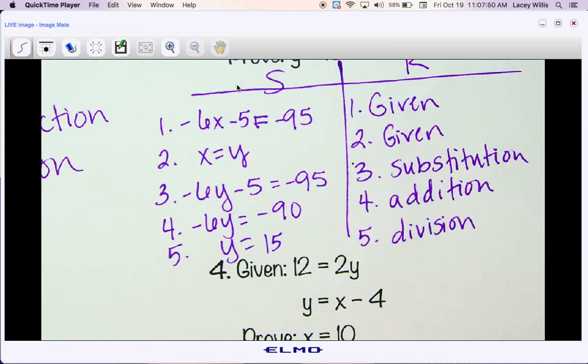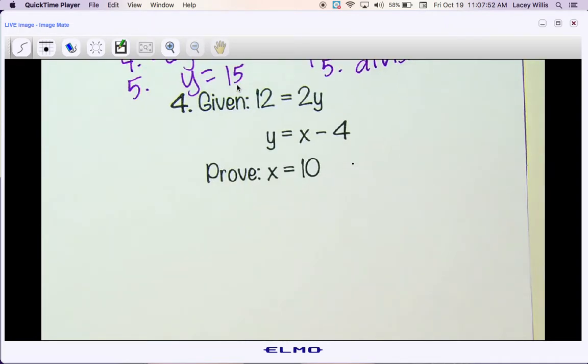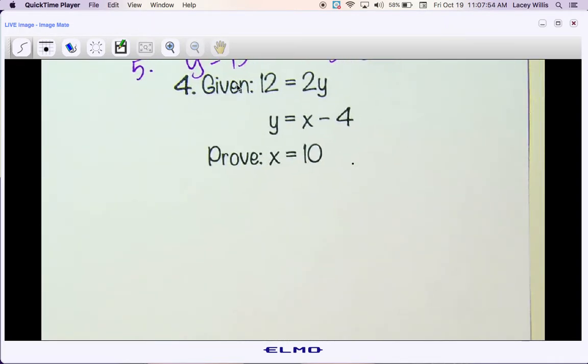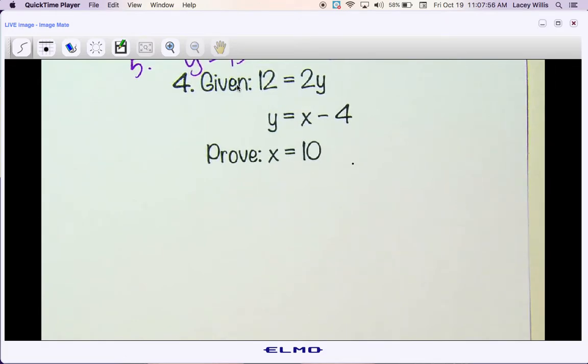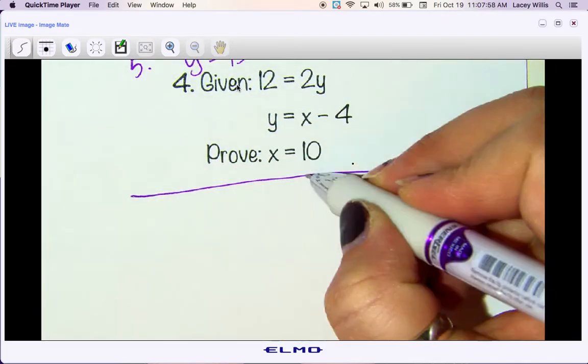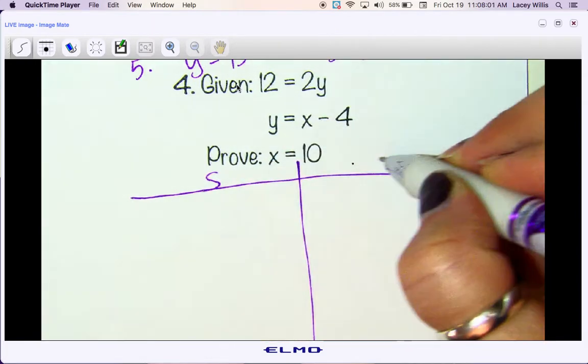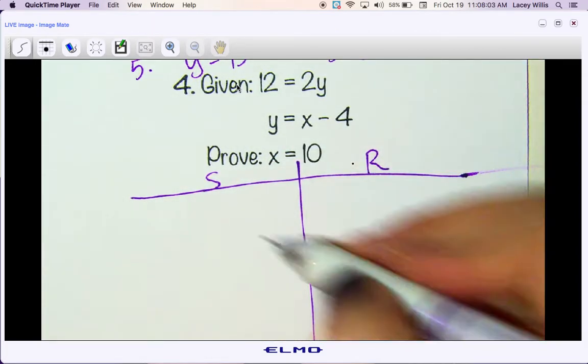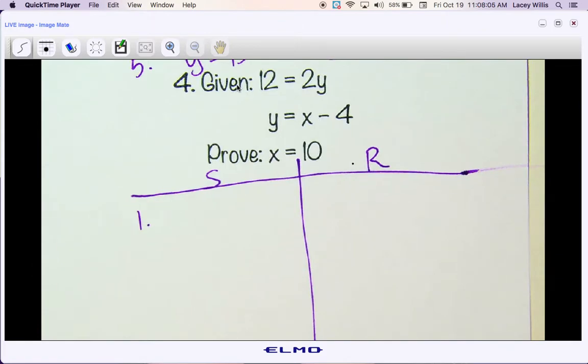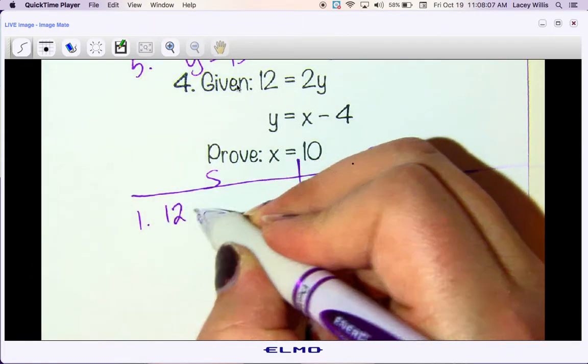Okay, I'm going to skip over 3 because it's actually very similar to 5. So go down to 4. Start with your 2 columns. Start with givens. This time there are 2 givens again, so list them both first.